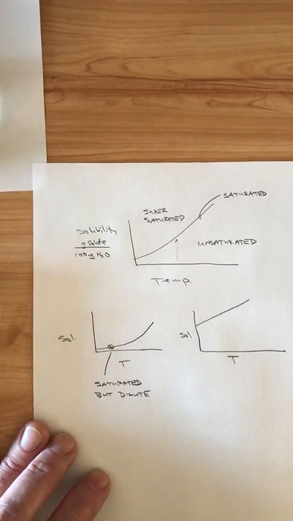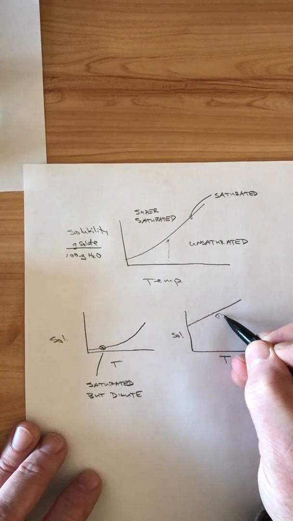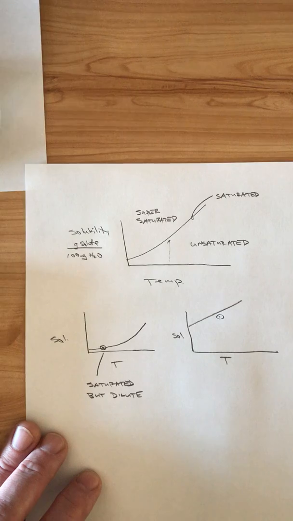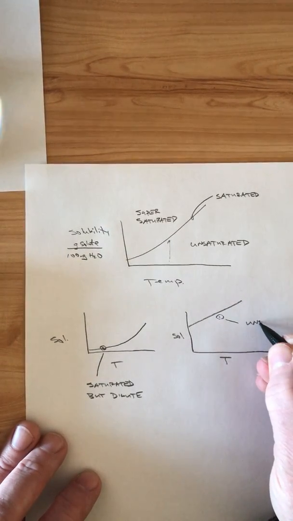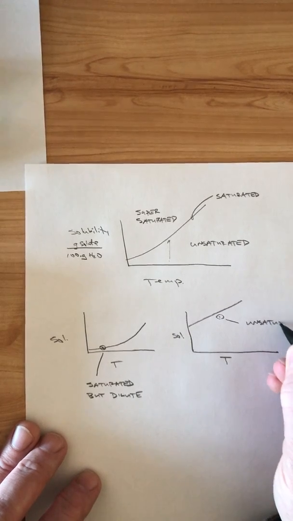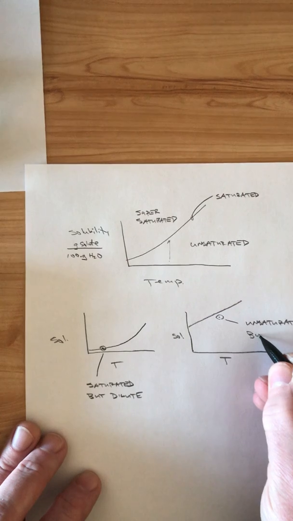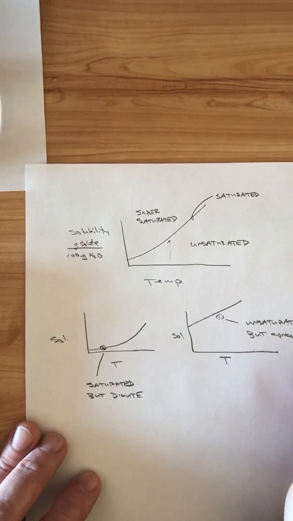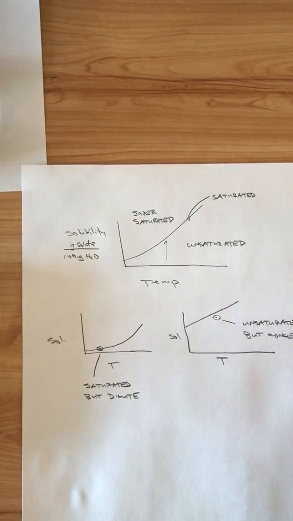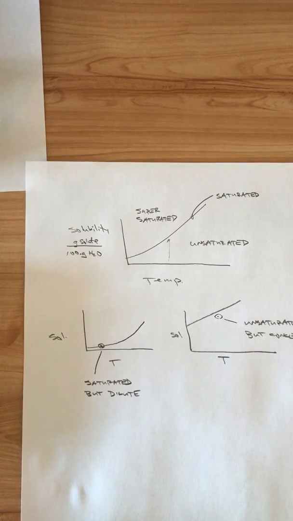It's not a very strong solution. Whereas over here, if I'm up pretty high on the y-axis, I would describe this solution as unsaturated, but it's fairly concentrated. So saturated doesn't have to go together with concentrated. Unsaturated doesn't have to go with dilute.